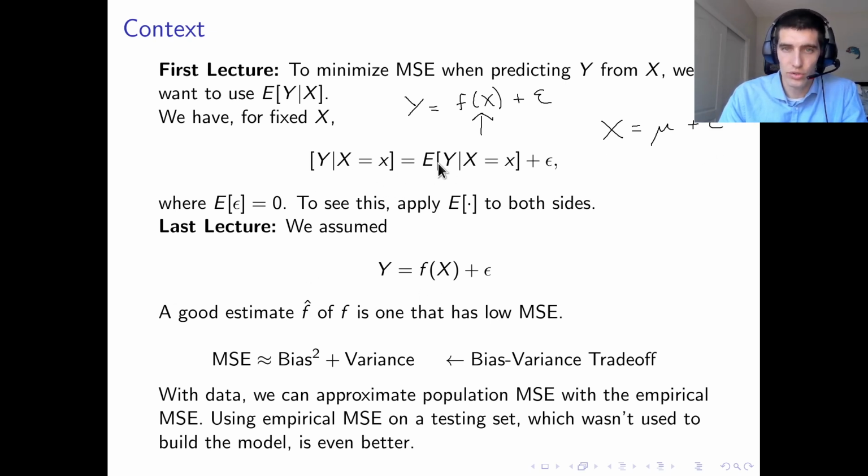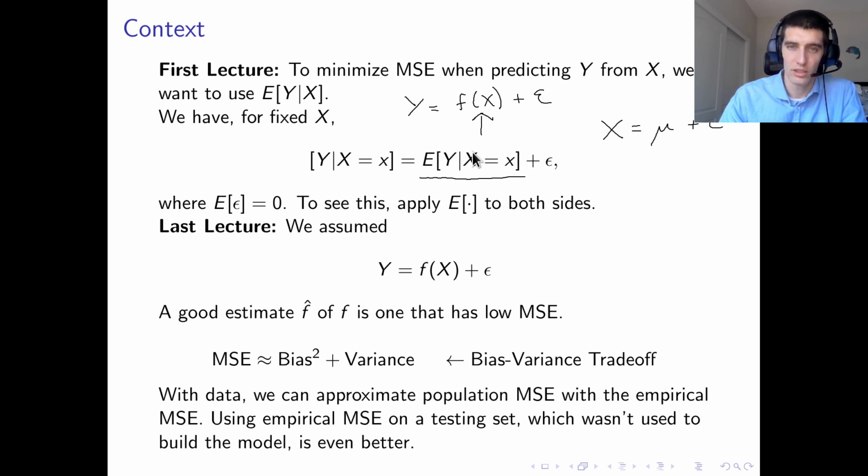Okay, so this is connecting two concepts that we saw in the first couple of lectures. We talked about how when minimizing mean squared error, we want to find the conditional mean. We also talked about y equals f of x plus epsilon, and the connection between the two is that if I have a random variable y and you fix an x, I can write it as the conditional expectation plus epsilon. So the name of the game, in order to minimize mean squared error, is to find this expression, and this conditional mean is going to be our function of x.